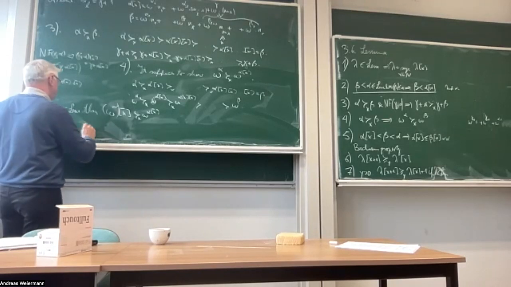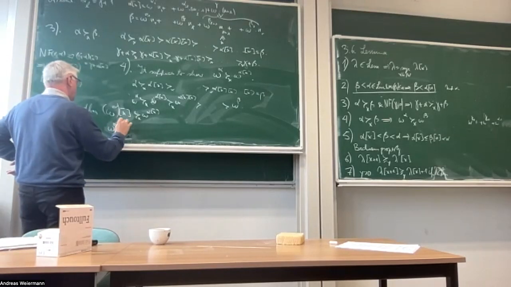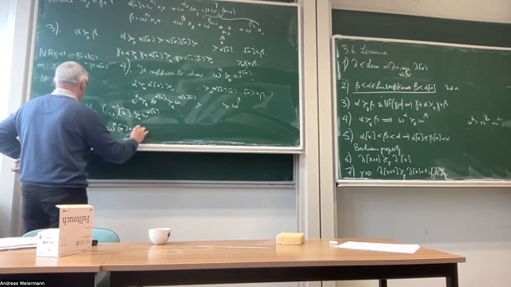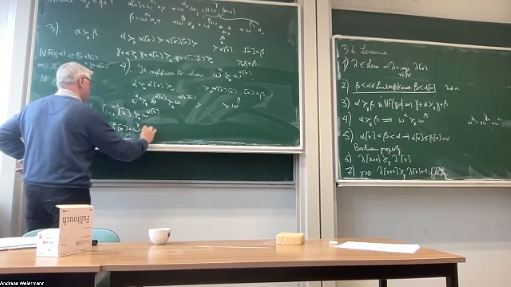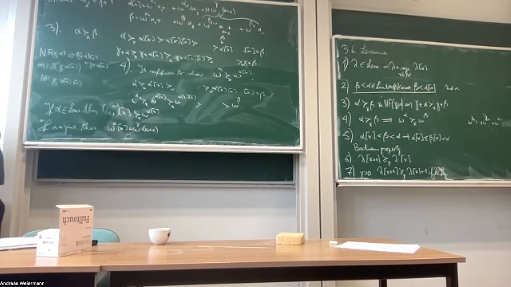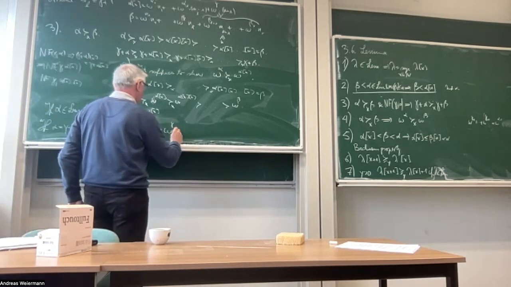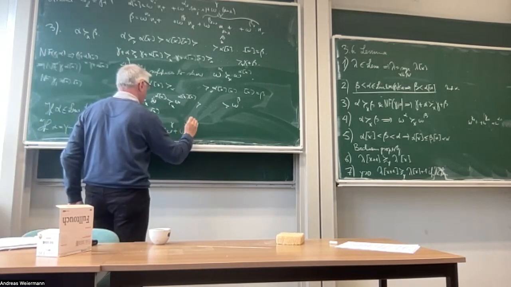And what's going to happen? Then omega to the alpha of x is omega to the gamma times x plus 1. So this is omega to the gamma plus omega to the gamma times x.